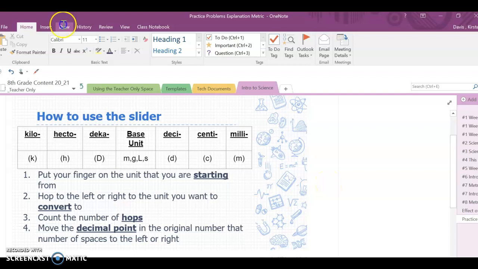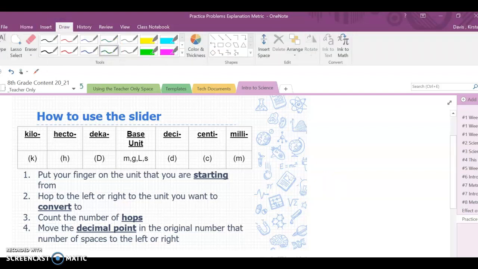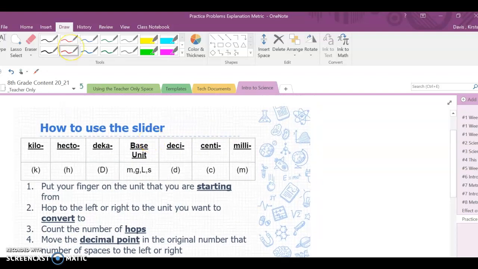So if I wanted to go from a base unit of, say, meters to millimeters, I would start by placing my finger at the base unit of meters, and then I could move 1, 2, 3 places to the millimeter. So where I started was here, and where I ended up here. And what that means is I would also move 1, 2, 3 decimal places to the right.